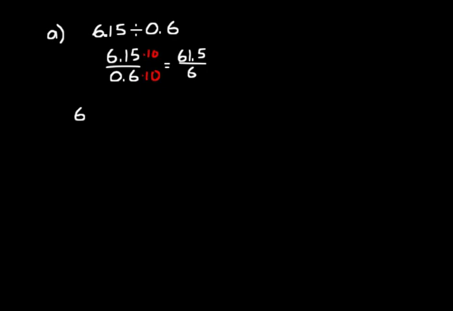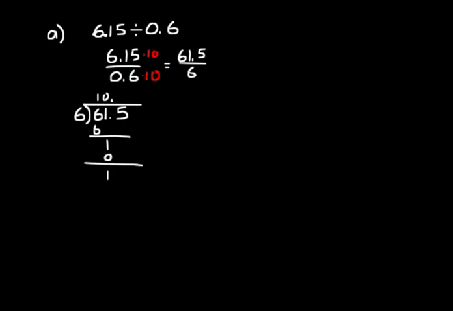Now, I can go ahead and do long division. 6 goes into 6 one time. Bring down the 5. 6 goes into 15. Actually, we need to put a decimal place right here. And I'm kind of getting ahead of myself here. I should have just said 6 goes into 1 0 times.